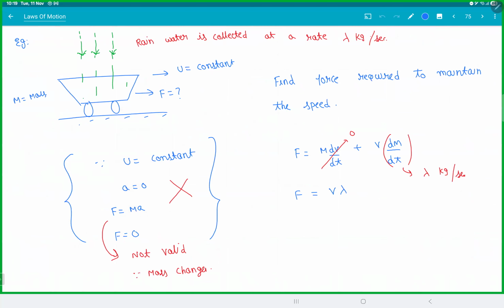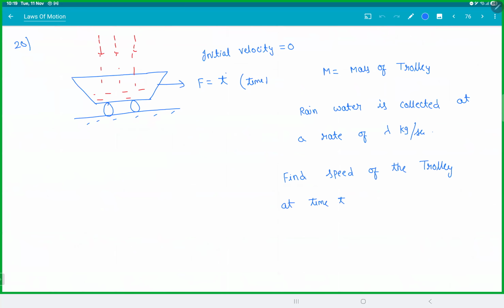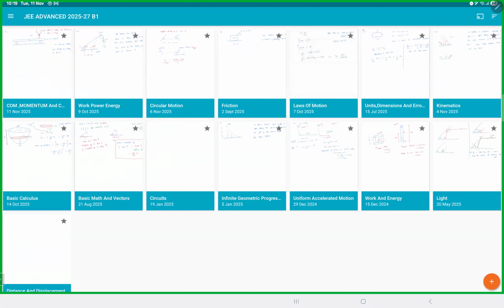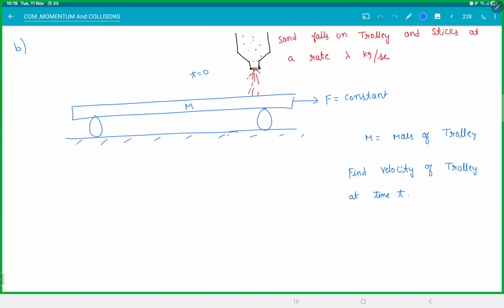Remember this question? A trolley is pulled with force F and rainwater is collected at a rate of lambda kgs per second. Find the force required to maintain the speed. The second question, find the speed of the trolley at time t. It's the same question basically. Then I taught you can actually use momentum and finish it off. So we did a variation of this. There it was rainwater, here it is sand. That's the only difference.